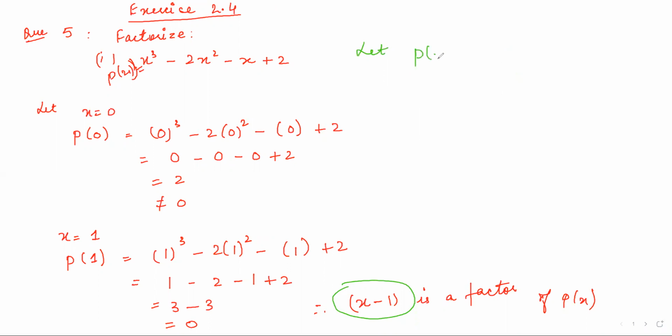Let your polynomial be equal to x minus 1, one of the factors, and the other polynomial, the other factor which I'll get, I'm calling g(x). Is this understood? So it is a product of x minus 1 into some other polynomial. That means if I want to find g(x) from here, it will be your p(x) divided by x minus 1. So ultimately you have to divide your polynomial by x minus 1. So here we use the long division method.